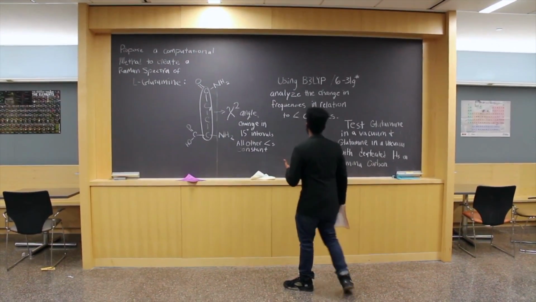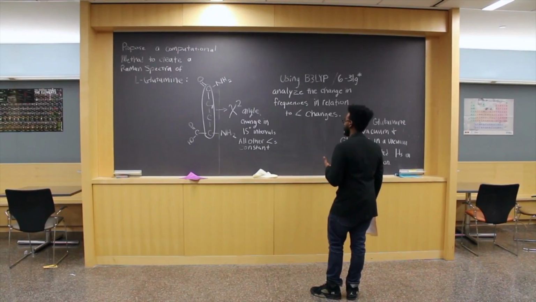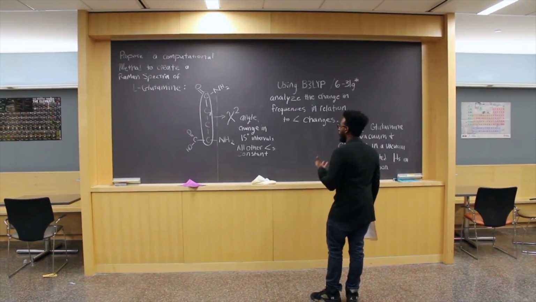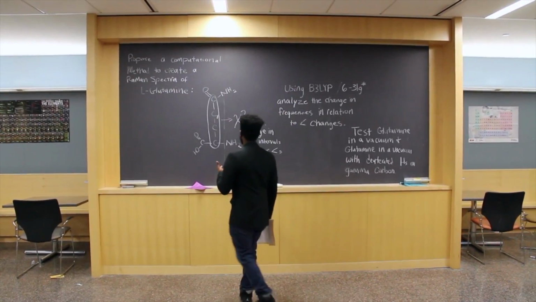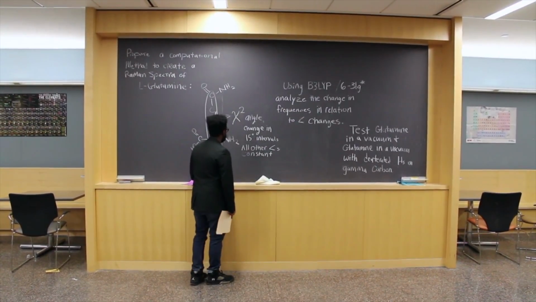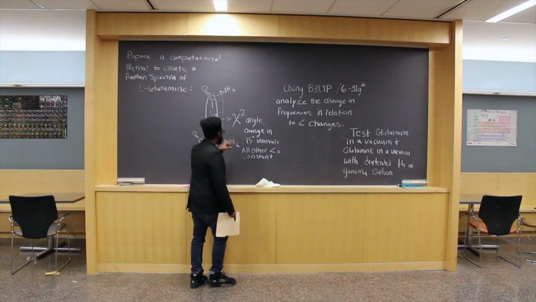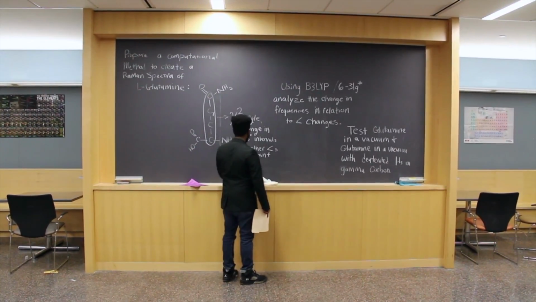All the geometries should be optimized, and all the angles should be held constant except the Chi2 angle. It's going to change in 15-degree intervals.